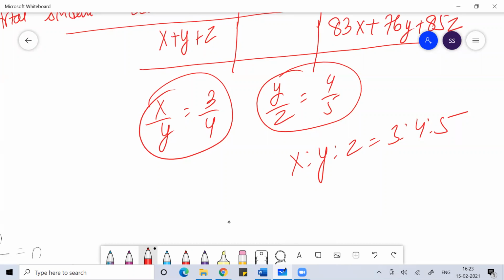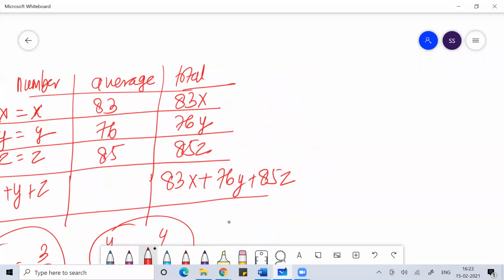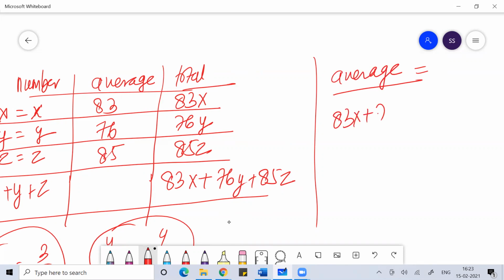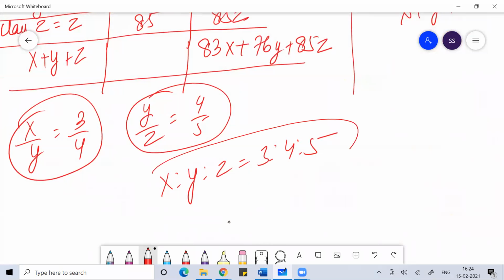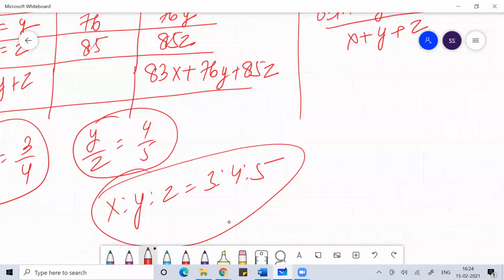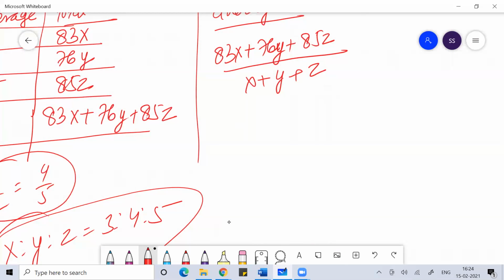So if I want the average of the whole, the average of the whole is 83x plus 76y plus 85z divided by x plus y plus z. Here you know the ratio of x is to y is to z is 3 is to 4 is to 5.